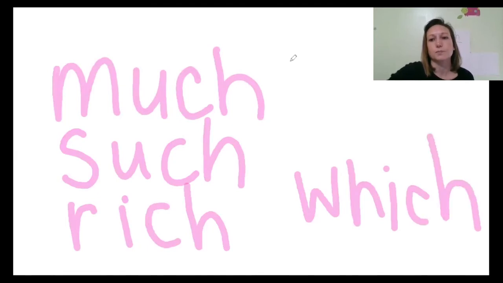These are exceptions to our rule, and these you just have to learn. These are going to be sight words, words that you can just read and spell by sight. So much, such, rich, and which don't follow our pattern.